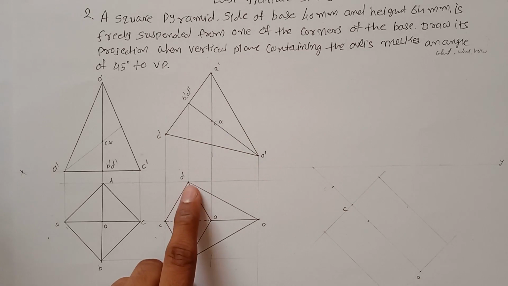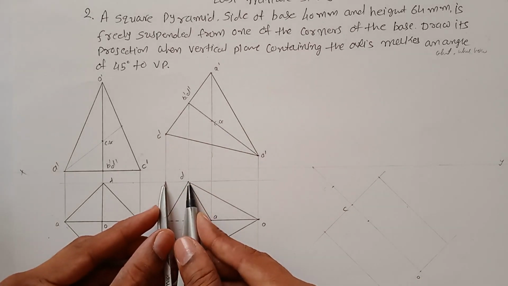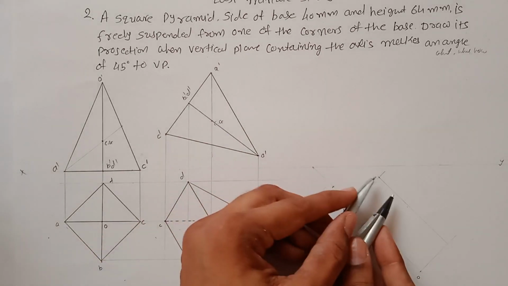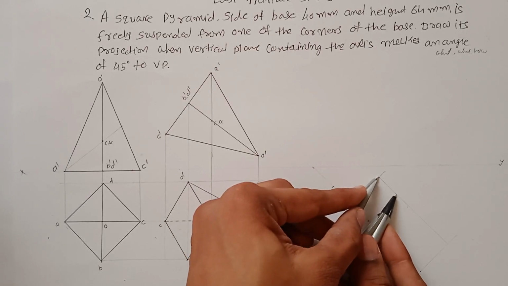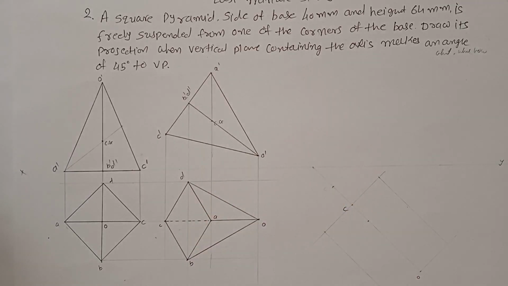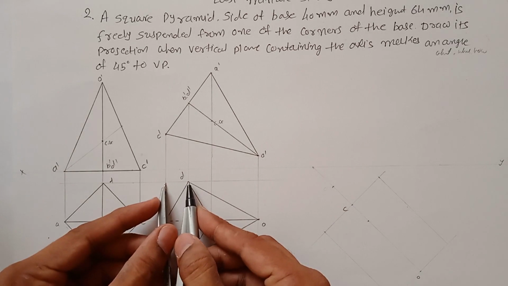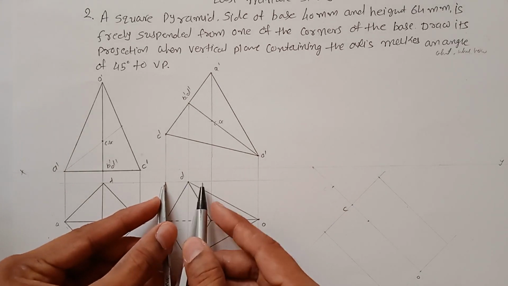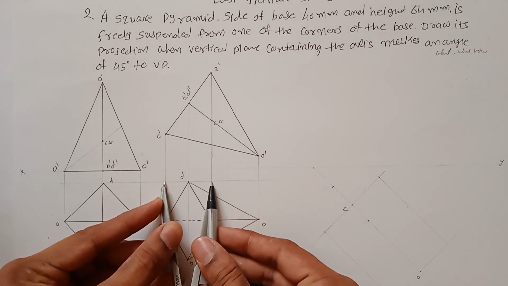Now you have to draw this line, you have to make divisions of it. So this is the corner. We need this line as well.